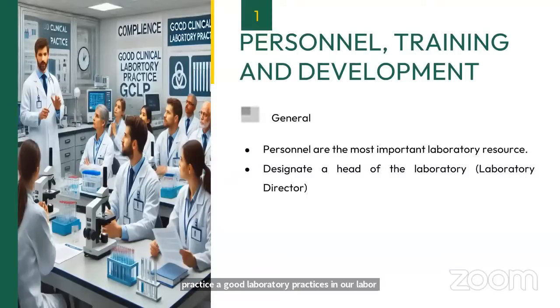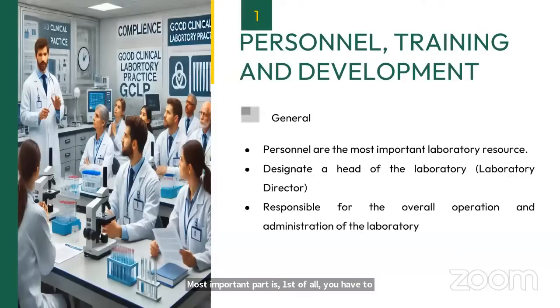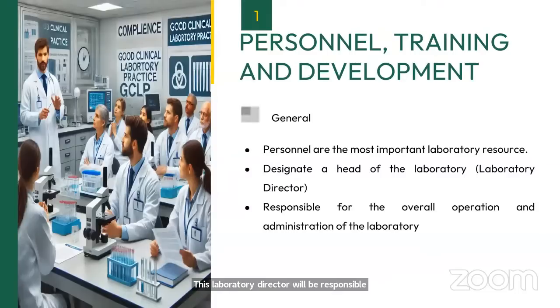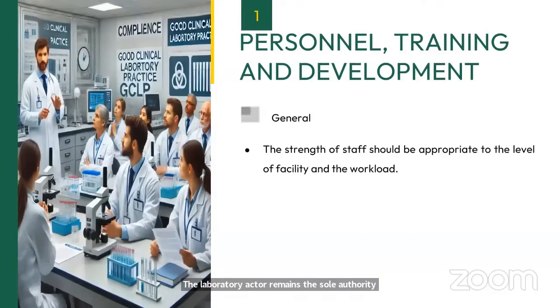The most important part is, first of all, you have to designate a head of the laboratory or laboratory director in your institute or laboratory. This laboratory director will be responsible for overall operations and administration of the laboratory, and remains the sole authority and responsibility for all the operations of your laboratory.